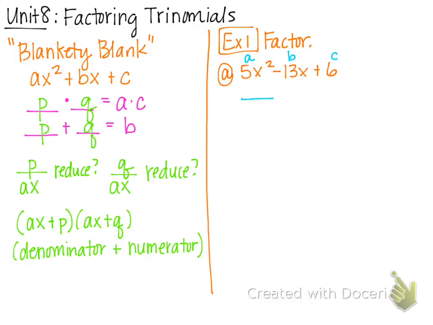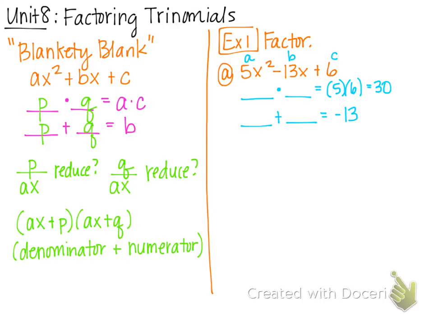So we're going to set up blank times blank is equal to a times c. Now that's 5 times 6, which is 30. Then blank plus blank is going to be equal to b, which is negative 13.